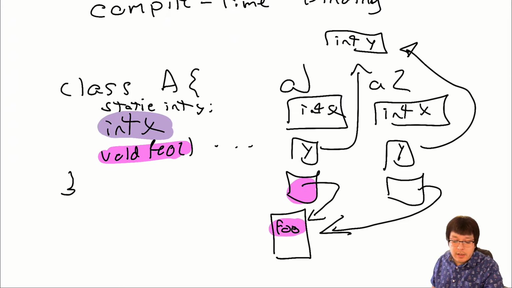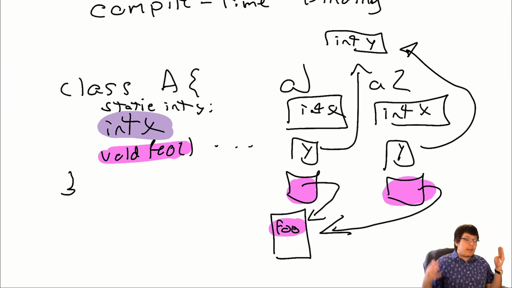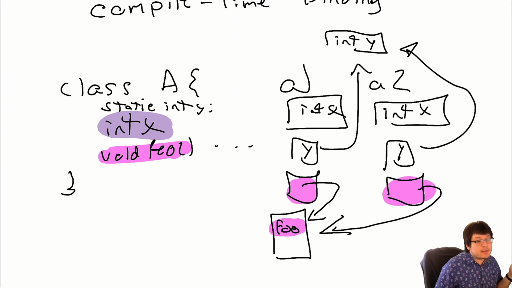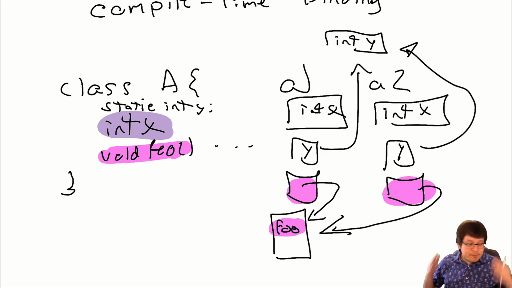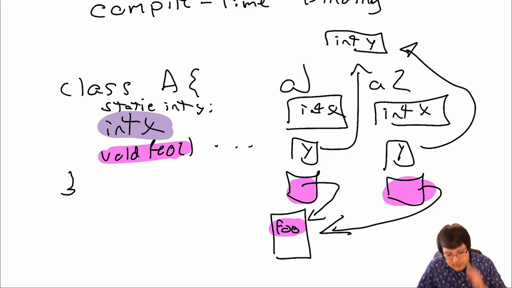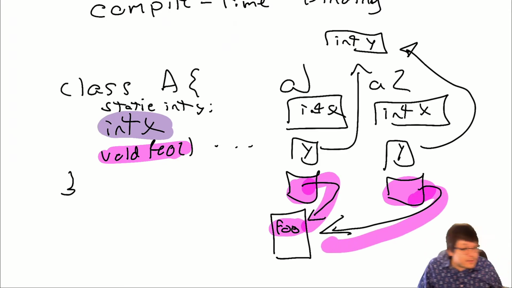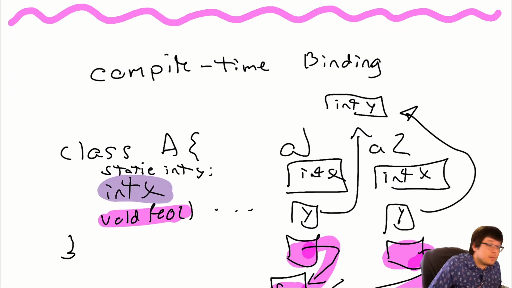And this is for efficiency purposes in general, because why have the code for foo like 50 billion times? Your programs will be bigger, Warzone will be like 20 terabytes instead of 1 terabyte, okay? So essentially, that's one of the reasons. So this association that is happening here is done at compile time normally in C++, okay?